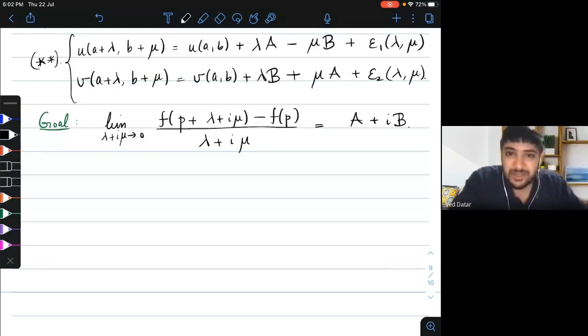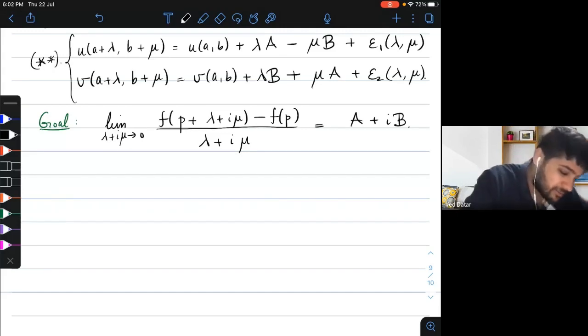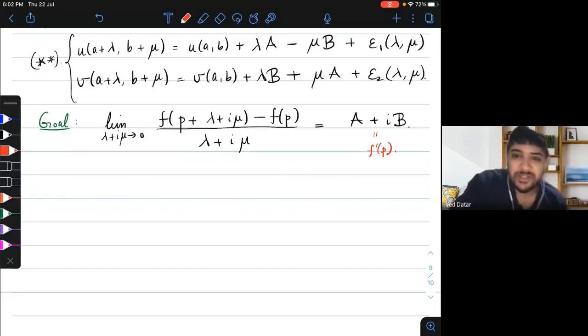If this limit exists, that means f is C-differentiable, and the C-derivative is going to be given by a plus ib. That's the goal.